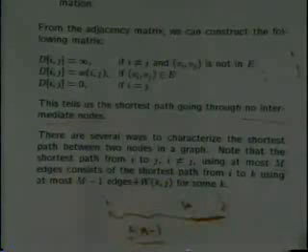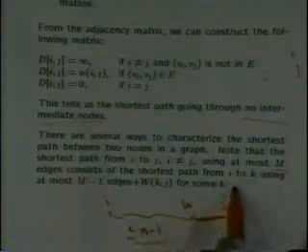Right. So my claim is the shortest path from i to j using at most m edges is going to be a shortest path from i to k using at most m minus 1 edges, and that last edge.